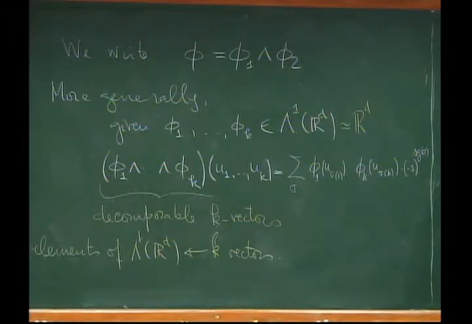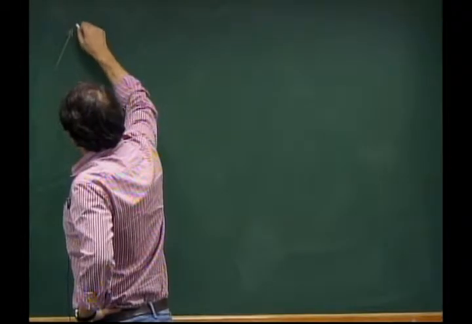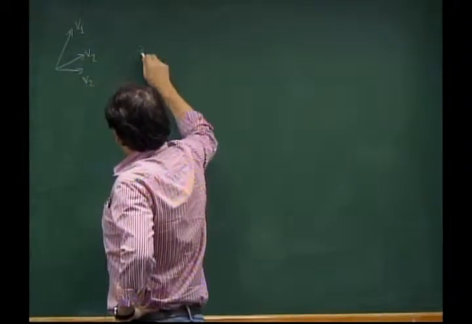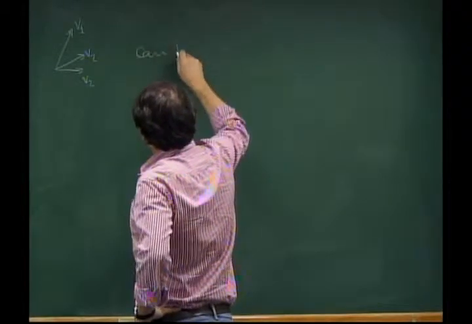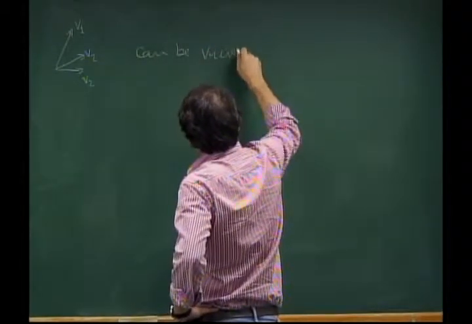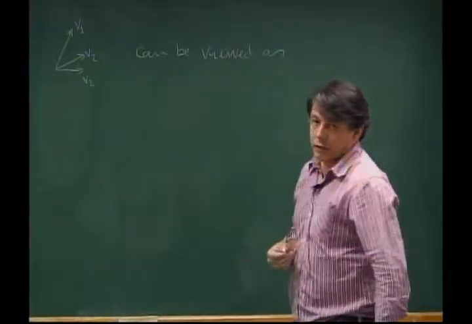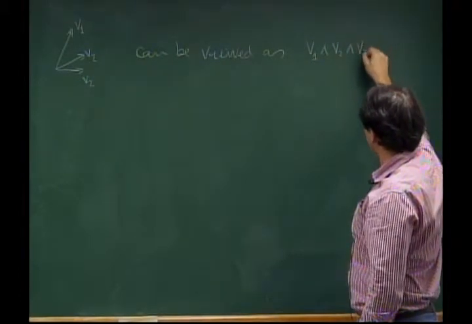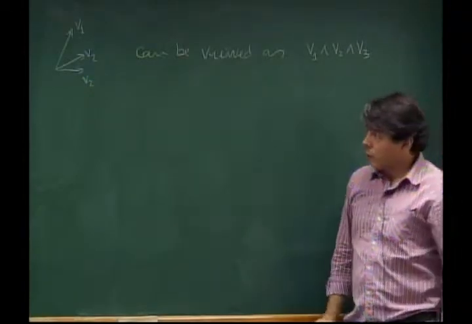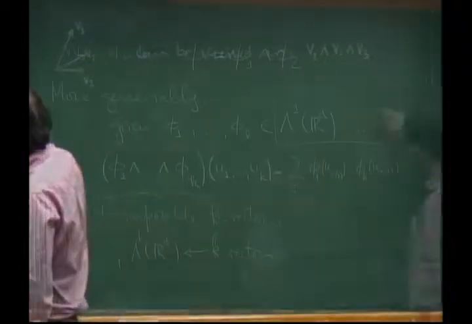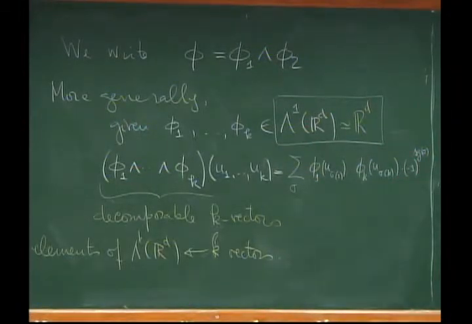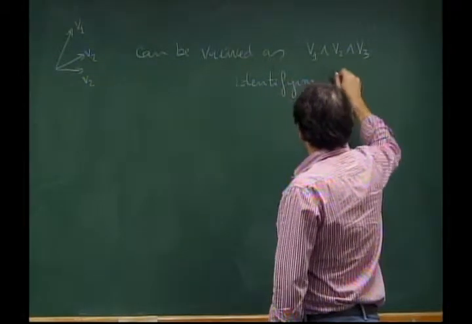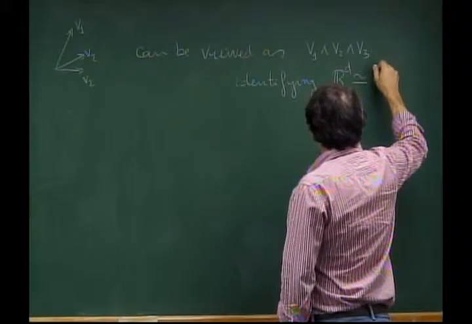So when I consider a parallelogram v1, v2, v3, I can view this as a three-vector, v1 wedge v2 wedge v3, where I'm using this identification of Rd with its dual.